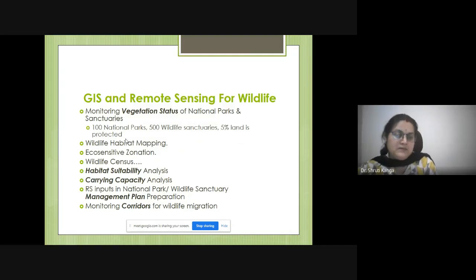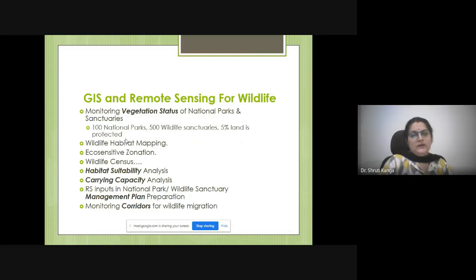Then carrying capacity analysis, then remote sensing in national parks and wildlife sanctuaries. It also helps in different kinds of management plan preparations for wildlife and national parks. And finally, the monitoring of corridors for wildlife migration.